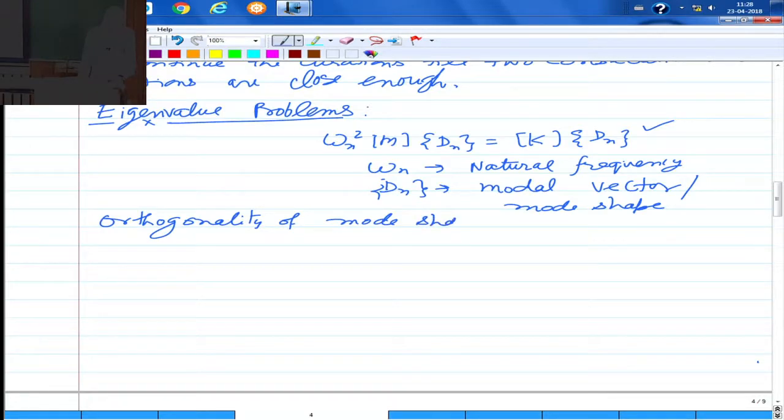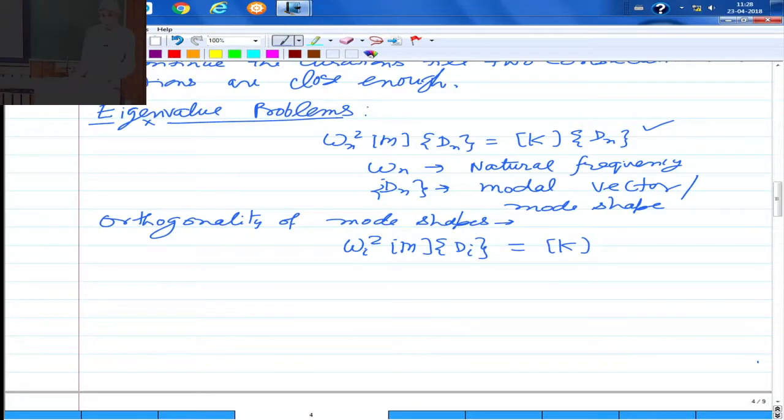If I consider two eigenvalues and corresponding eigenvectors, say omega i, di and omega j, dj. For the ith eigenvector I can write this equation as omega i squared into m into di is equal to k into di, where in place of n I am simply writing i, the ith eigenvalue and corresponding eigenvector di.